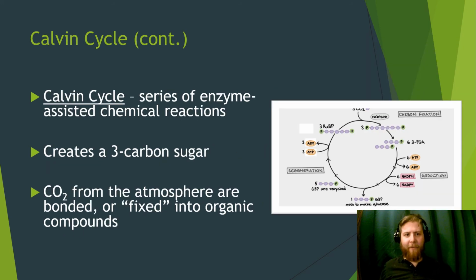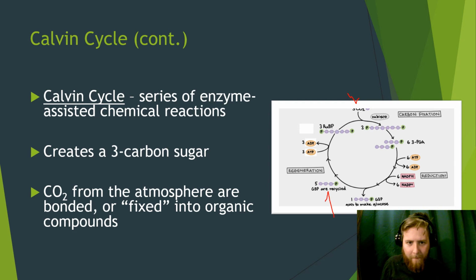All right, so the Calvin cycle is a series of enzyme-assisted chemical reactions, and you're going to have an assignment on it to help you go through it. But what the Calvin cycle does is it creates a 3-carbon sugar.